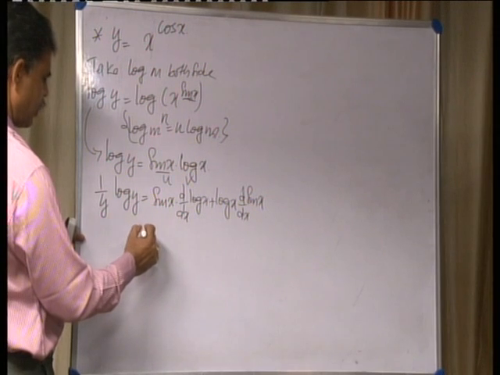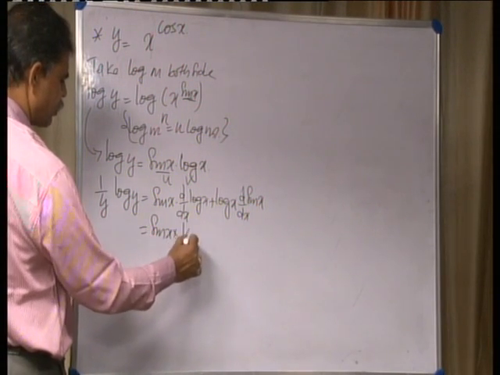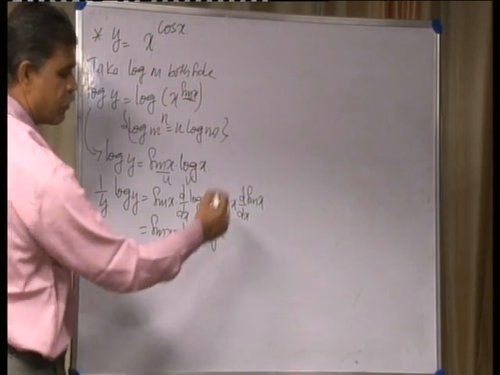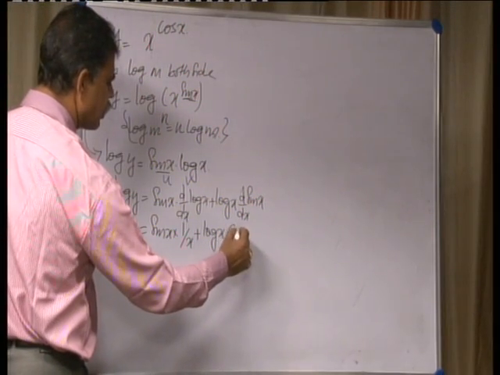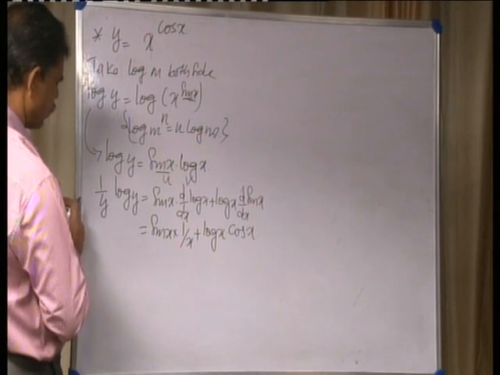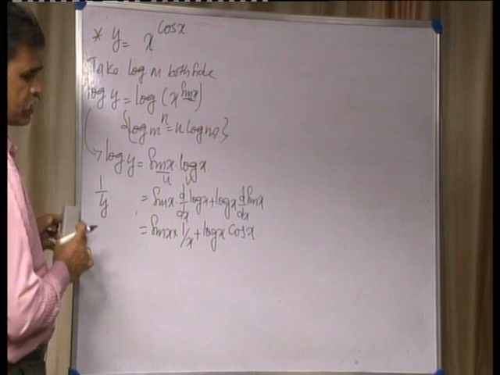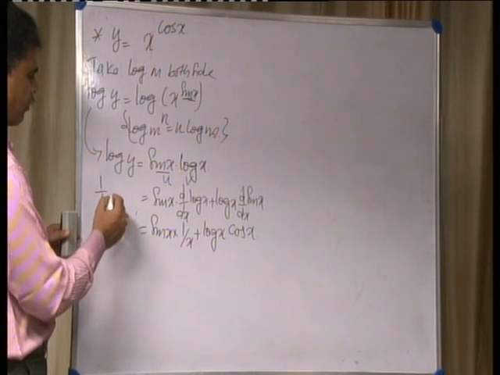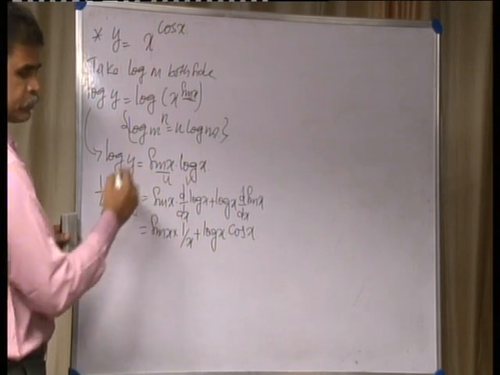It is equal to sin x into differentiation of log x is what? 1 by x, plus keep log x as it is, differentiate the sin x. Differentiation of sin x is what? It is cos x. So, finally, you can write, it is not log y, derivative of log function is 1 by function into derivative of function, it is a y term, therefore, we have to put dy by dx.